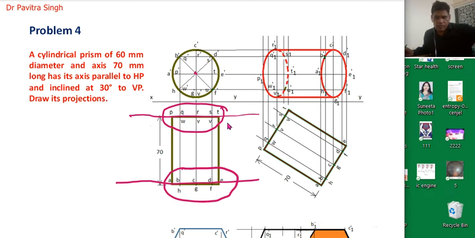Here you can see this is point A, B, A dash, B dash, C dash, D dash, E dash, F dash, G dash, H dash for one surface, and P dash, Q dash, R dash, S dash, T dash, U dash, V dash, W dash for another surface. Okay, so numbering is there for the bottom and top surface.